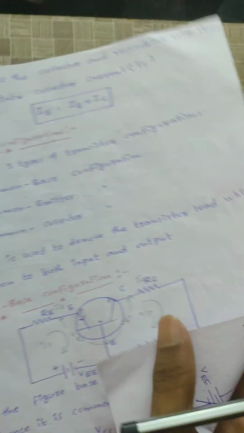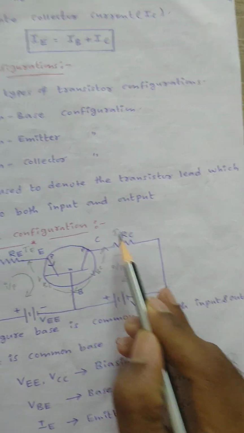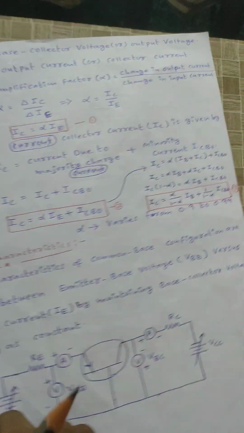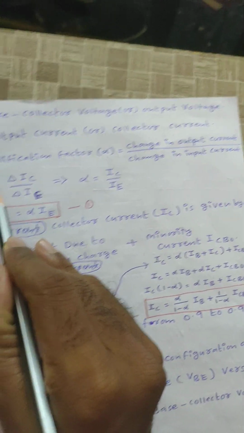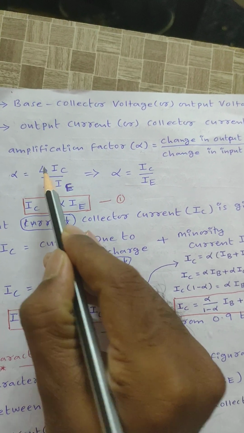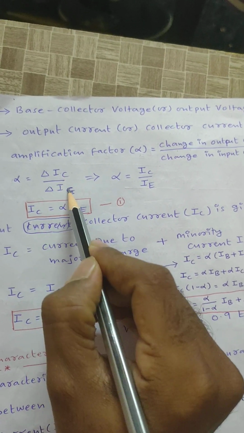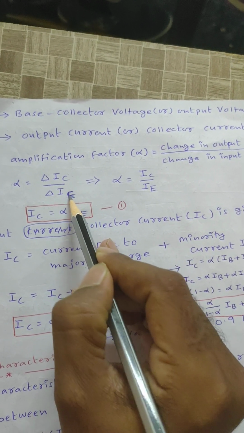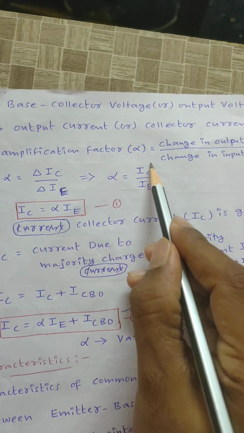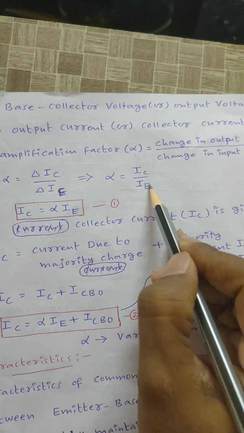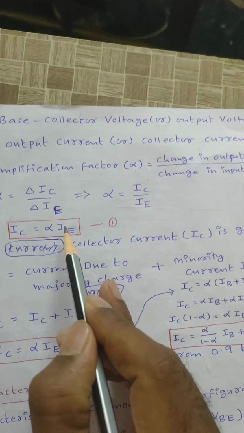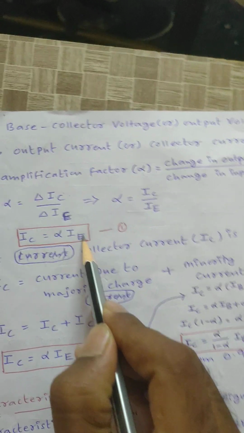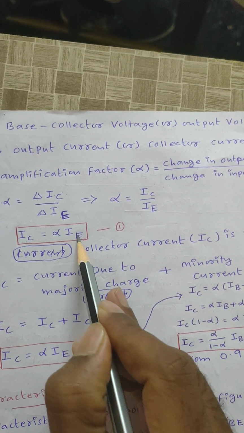Now see here, output current is IC, input current is IE. So alpha equals delta IC by delta IE, the change in collector current divided by the change in emitter current, that is alpha equals IC by IE. From this equation, IC equals alpha into IE. This gives the relation between output current and input current, right? IC equals alpha into IE.